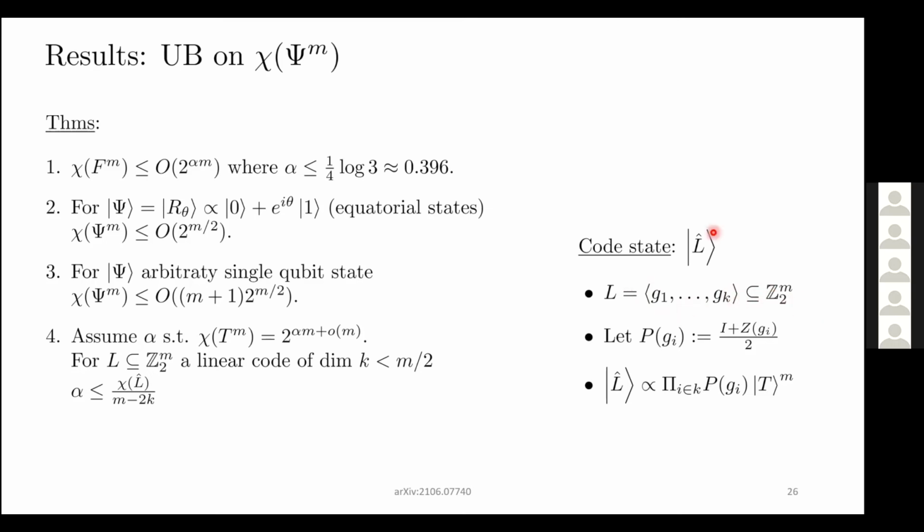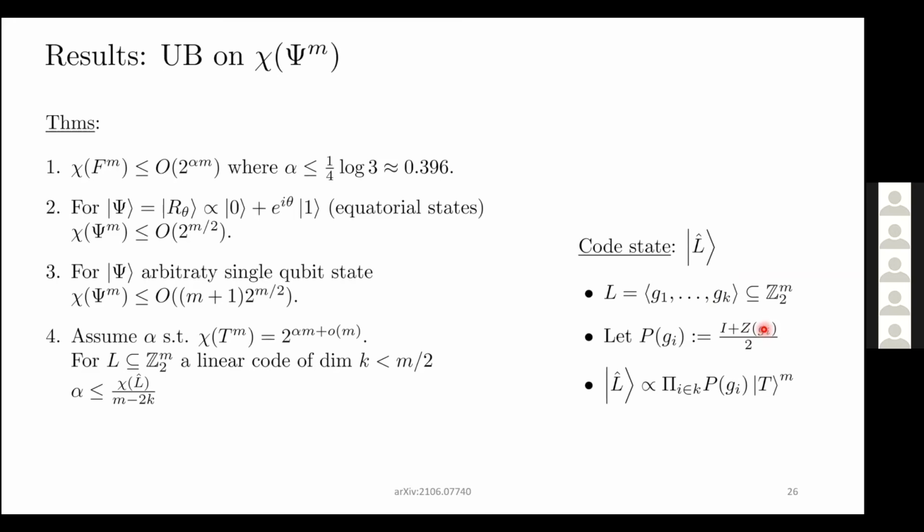Now we're going to construct the state from this code. We're going to use each of these generators to define a Pauli projector. First, this Z of GI is a string of Pauli Zs and Pauli Is of length M. The generator is a string of zeros and ones, and whenever it's a zero, we get a tensor I factor, and whenever it's a one, we get a tensor Z factor.